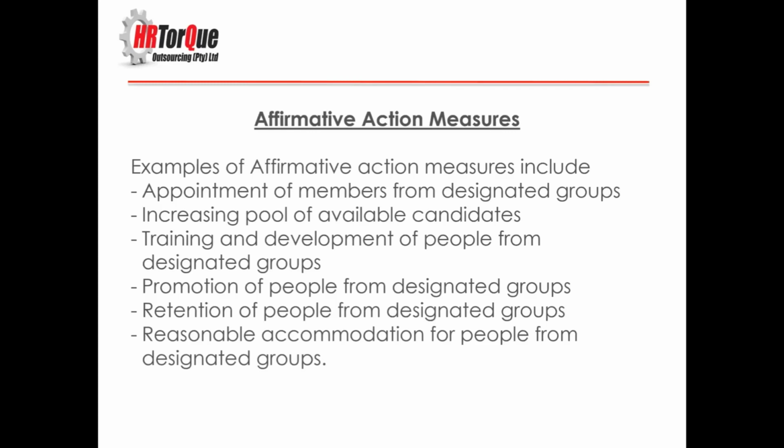Now, most of the time when we talk about reasonable accommodation, people will go straight to, you need to put a wheelchair ramp in. That doesn't necessarily mean that. If you're trying to attract young females, it could be having policies in place that allow for, I don't know, more time off in case their child gets sick. It could be retention strategies.